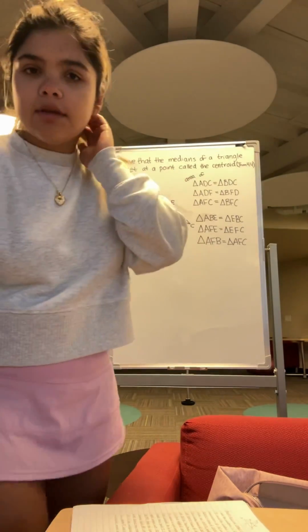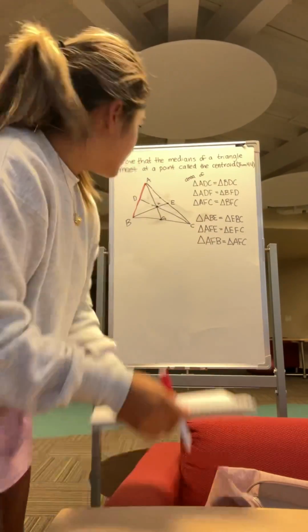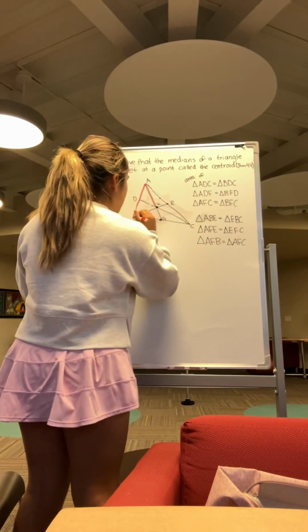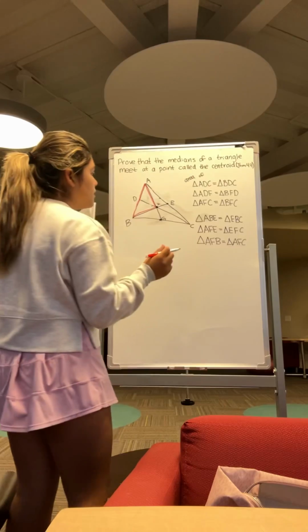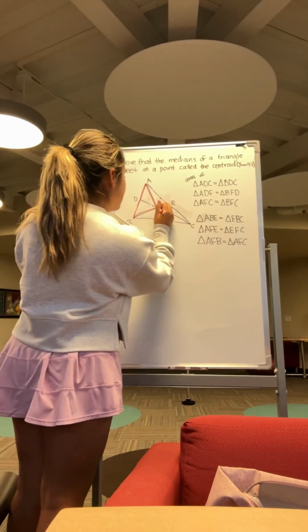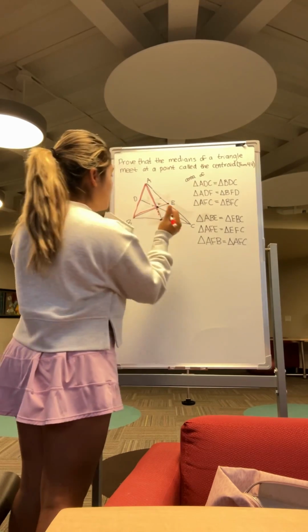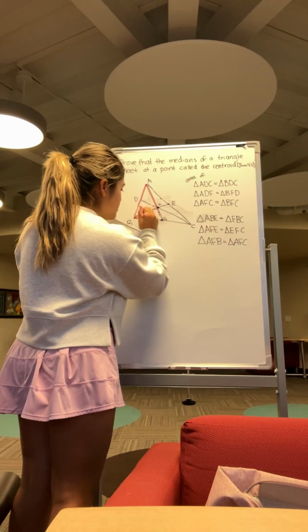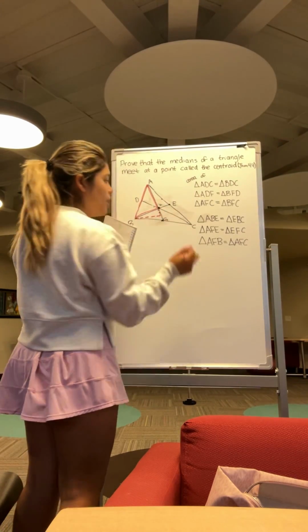Okay, starting over. So we're saying that obtuse triangle right here, we want to find the height. So what we do is that we extend AF to make a right triangle with B. So about right there.